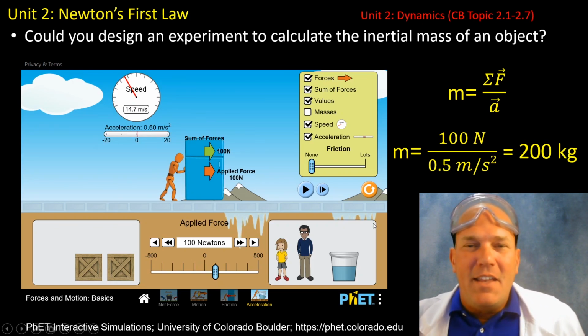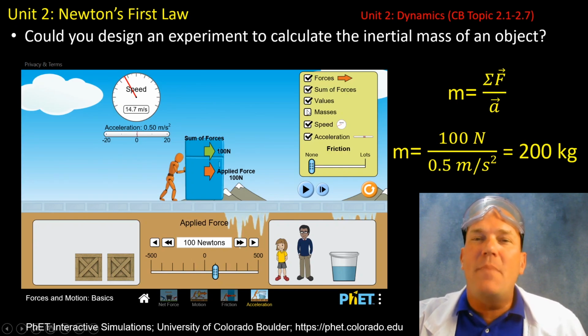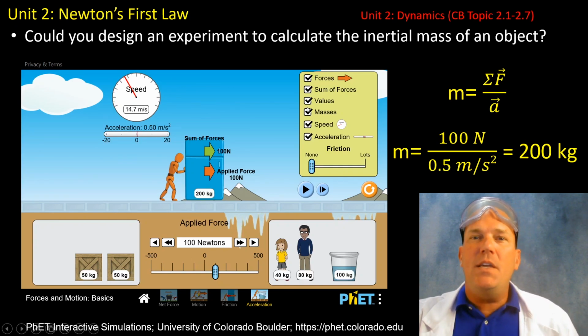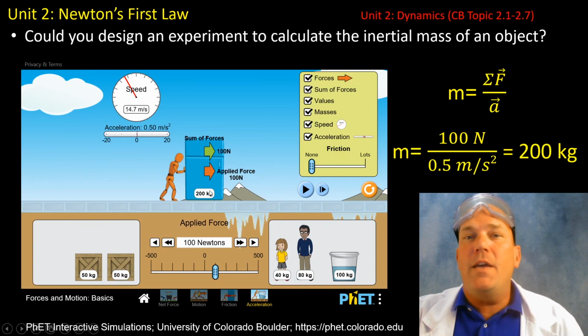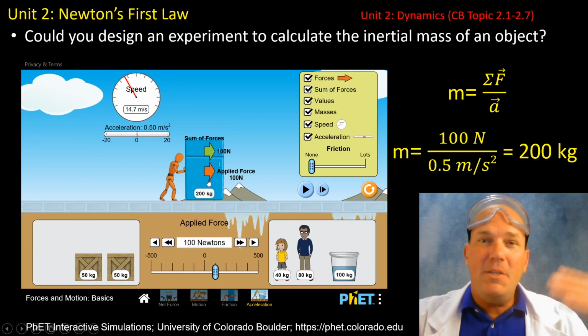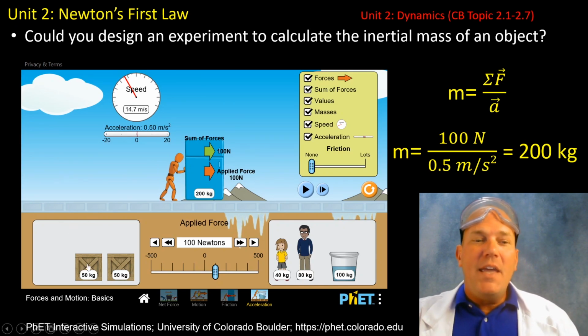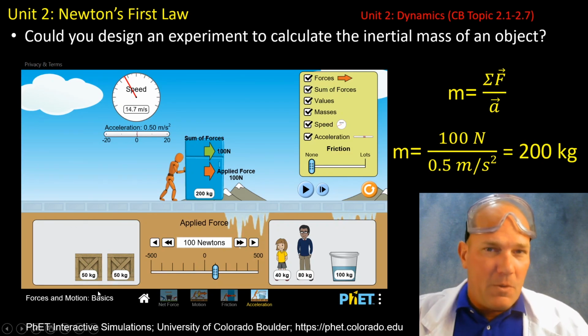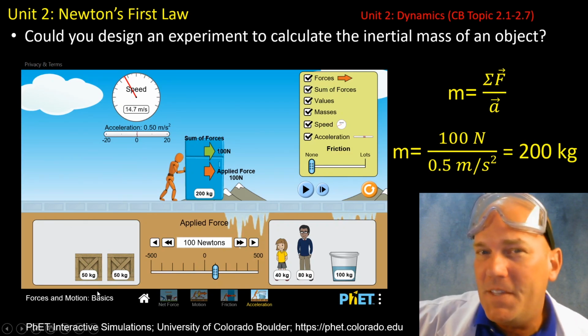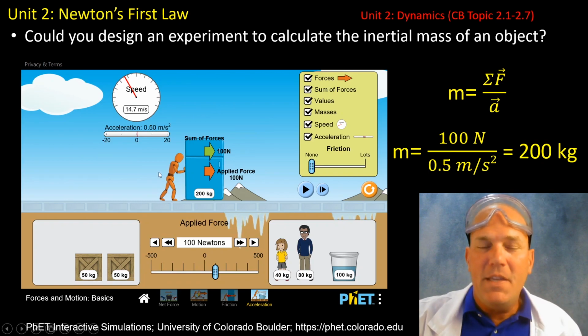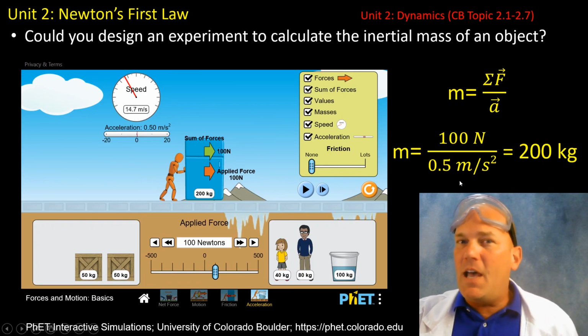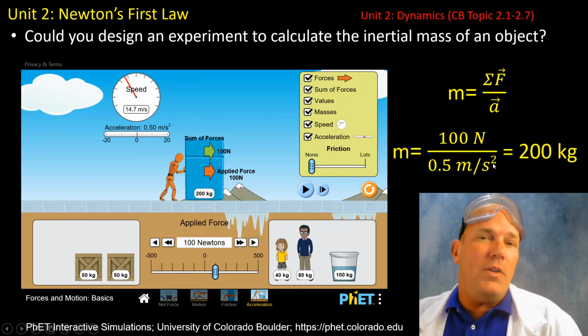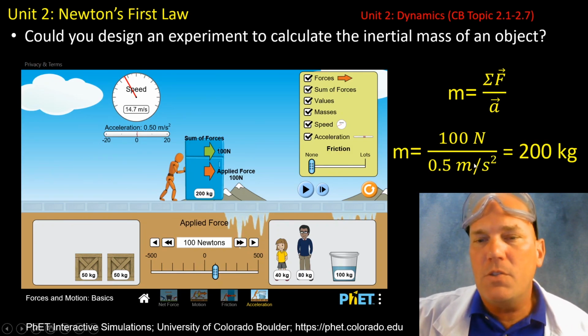All right, now I'm going to click on masses, and you will see that the refrigerator has a mass of 200 kilograms, and the crate down here, recall we calculated 50 kilograms for the crate, and so this is how you would go about calculating the inertial mass.